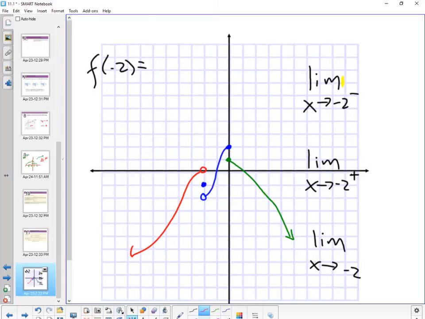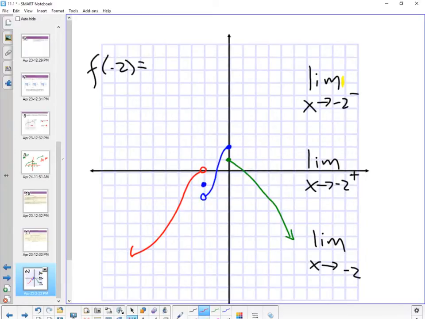Question: what is the limit of this function as x approaches -2 from the left side? 0. It has to be 0.